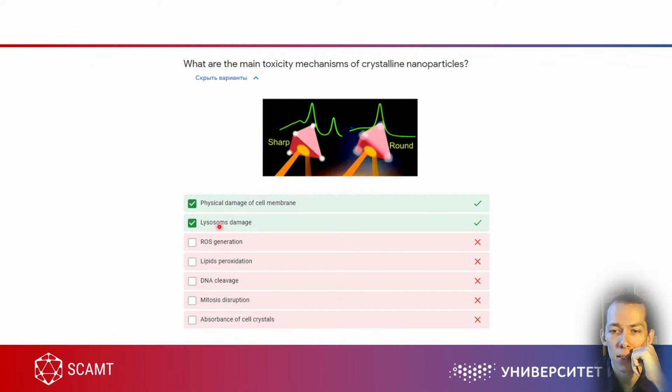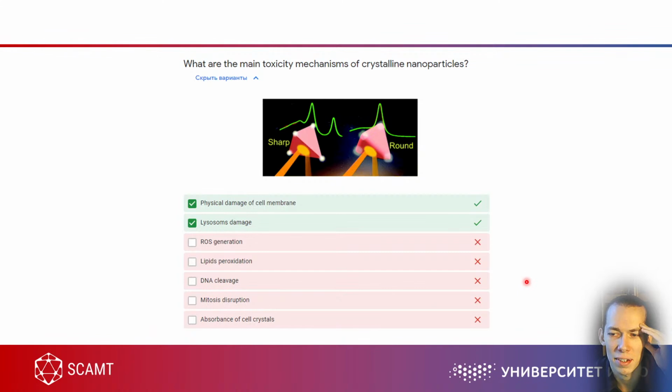So all other things can happen with crystalline nanoparticles, but these two types of damage are more the main toxicity mechanism, not just a general toxicity mechanism of nanoparticles. And about, for example, absorbance of cell crystals, there are no cell crystals.